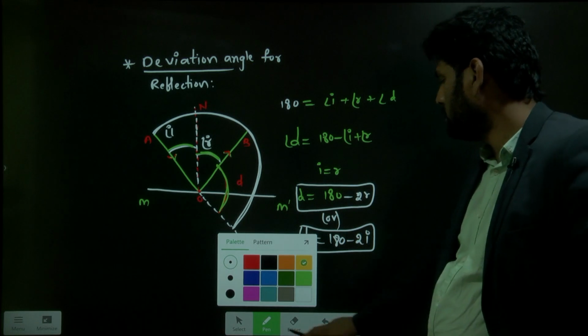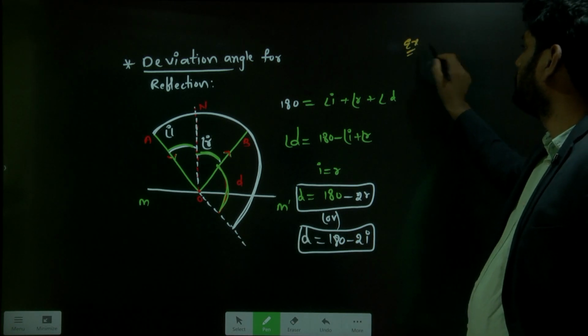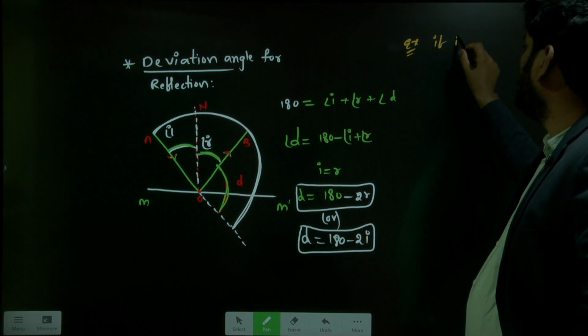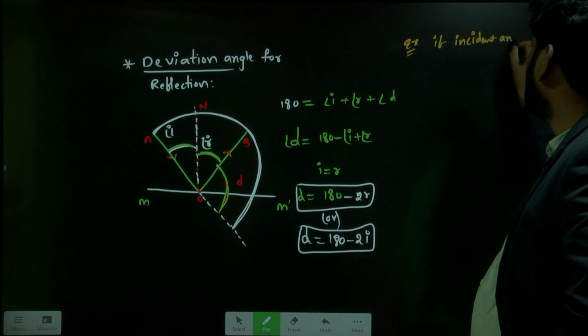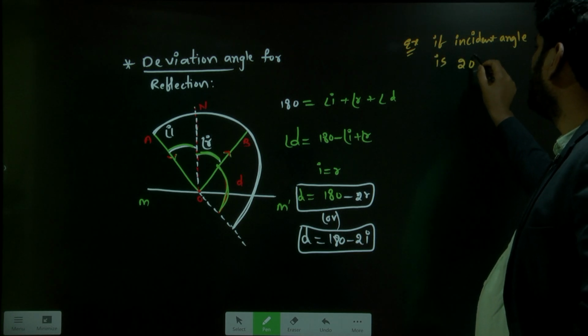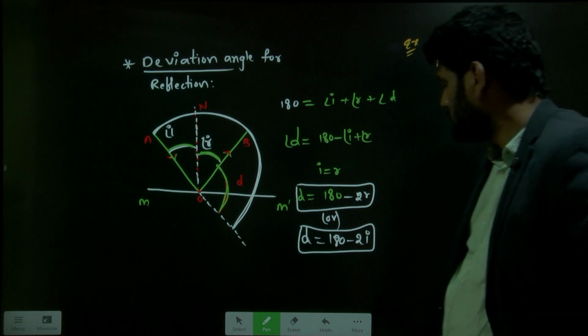For example, if the incident angle is 20 degrees, the questions are here.